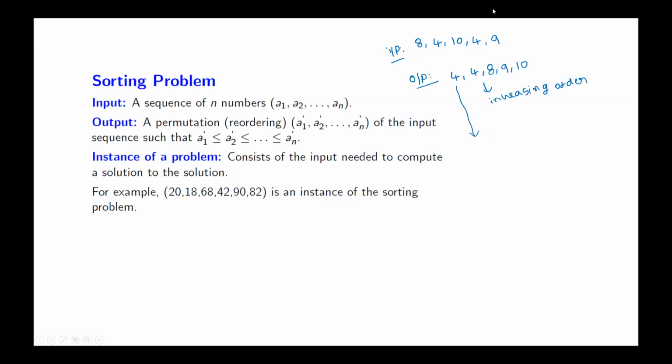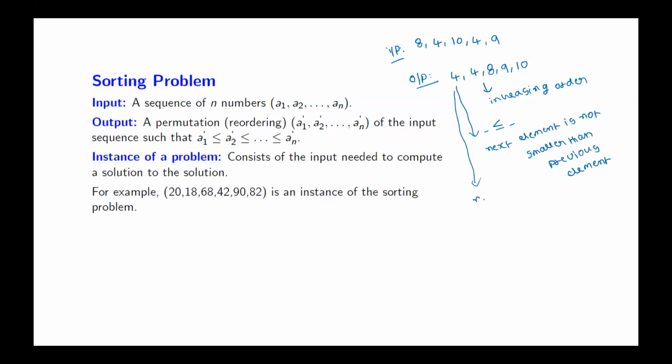That is, the next element is greater than or equal to the previous element. The next element is either more than the previous element or equal, so definitely the next element is not smaller than the previous element.